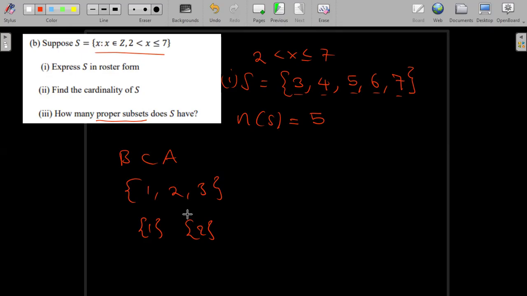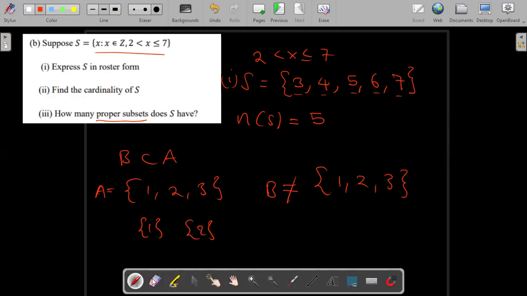So meaning that if I say this is the set A, B should not be equal to 1, 2, and 3. Because if B is equal to these elements, like this 1, 2, and 3, meaning B contains all the elements in A. And for it to be a proper subset, it must not contain all the elements in A. So that is the condition. And now, how I find that subset is, I do the same way I find the power sets.